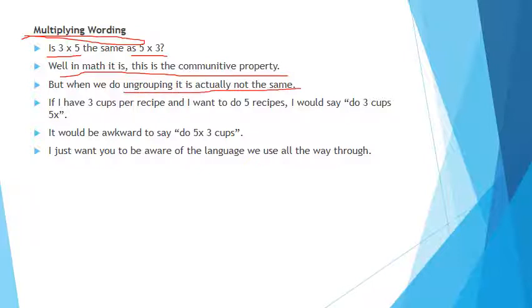So the way I say it is, 3 cups per recipe, and I want to do the recipe 5 times. The way I say it is, do 3 cups 5 times. I'm not going to say do 5 times 3 cups. You might, it's just awkward to say that.